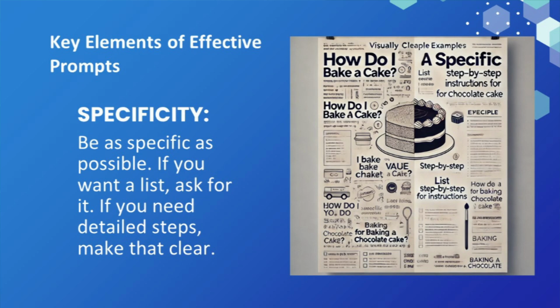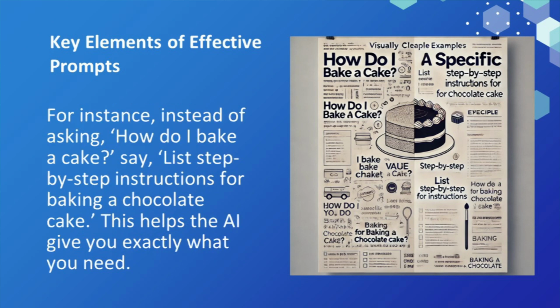Then specificity. Be as specific as possible. If you want a list, ask for it. If you need detailed steps, make that clear. For instance, instead of asking, how do I bake a cake? Say, list step-by-step instructions for baking a chocolate cake. This helps the AI give you exactly what you need.